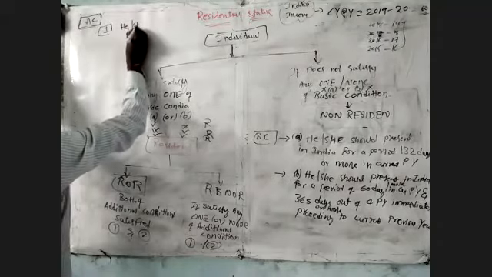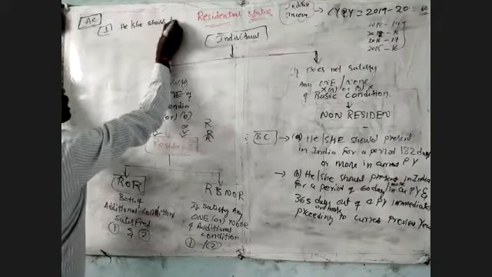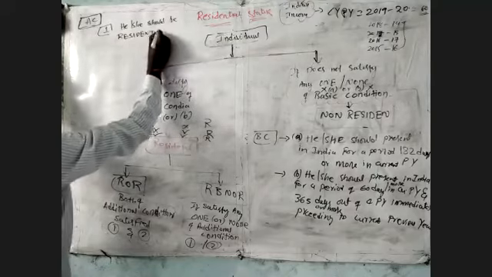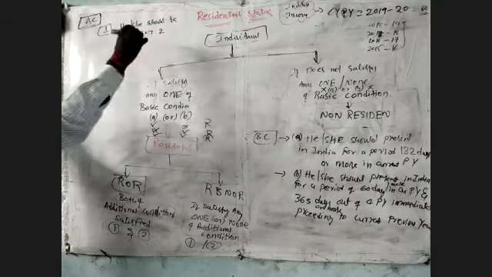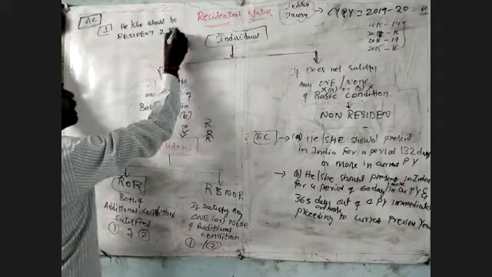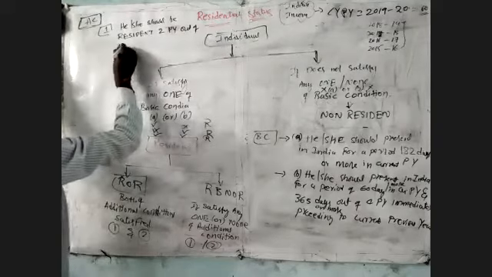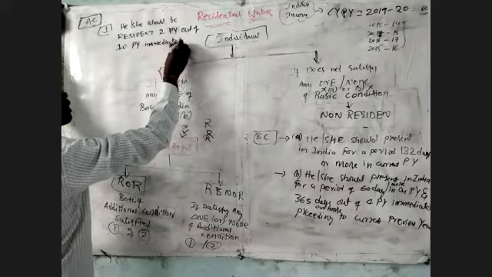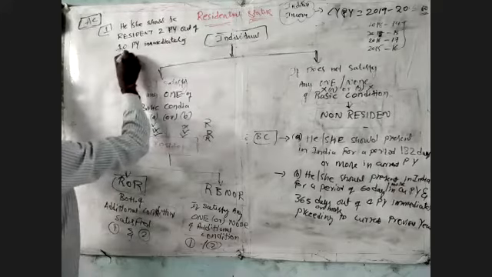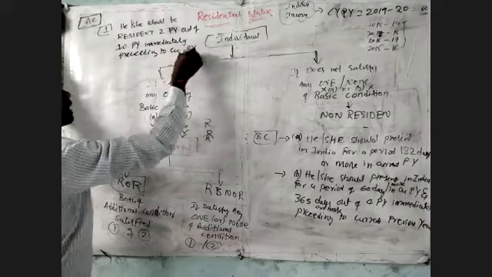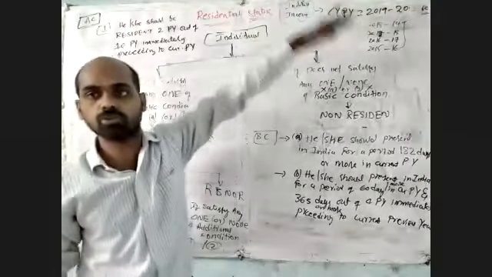He or she should be resident for 2 previous years out of 10 previous years immediately preceding the current previous year. जो 2019-20 है उसको छोड़ के out of 10 years he should become resident.